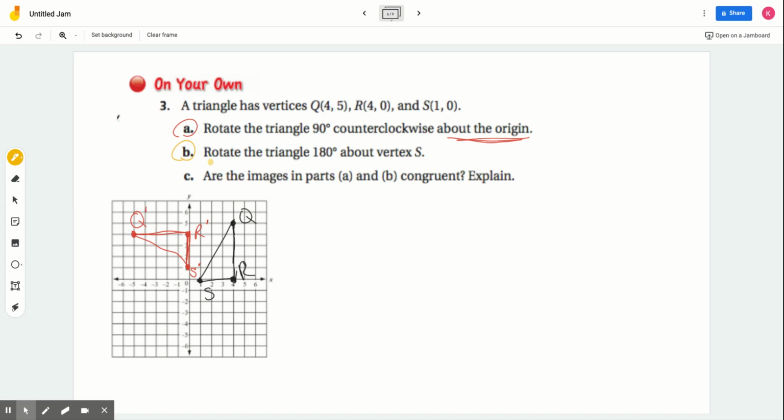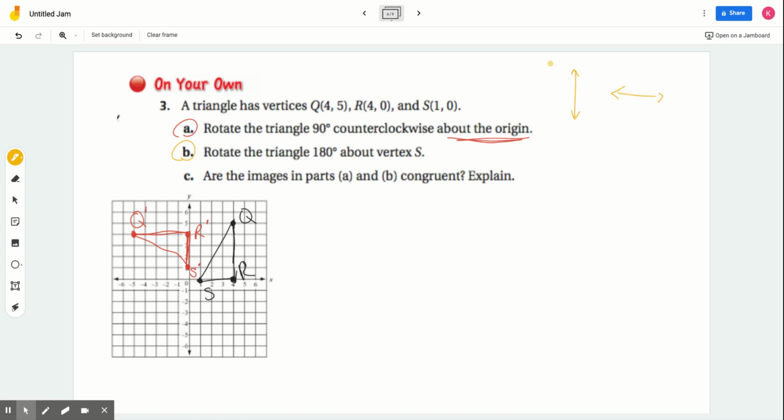Now, for part B, it says rotate the triangle 180 degrees about the vertex S. So we're going to keep S in the exact same place, and we're going to do a 180-degree turn. Now, what you should know about a 180-degree turn is 180 degrees makes a straight line.